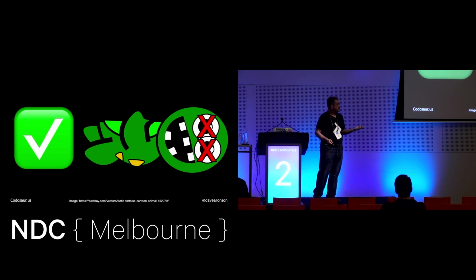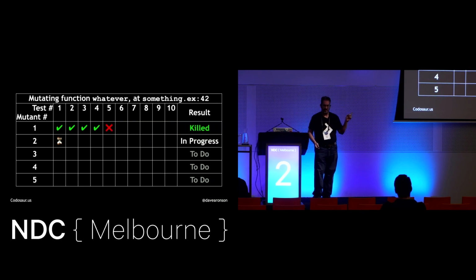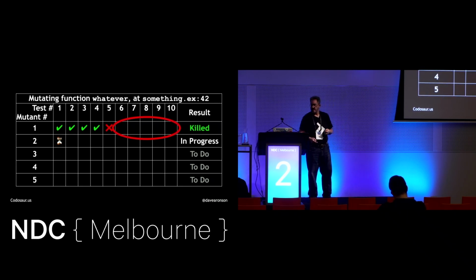After that happens, the tool will mark that mutant killed, stop running any more tests against it, and move on to the next one. Once a mutant has made one test fail, we generally don't care how many more it might make fail, like perhaps some of tests 6 through 10 for mutant number 1. Like so much in computers, we only care about ones and zeros.